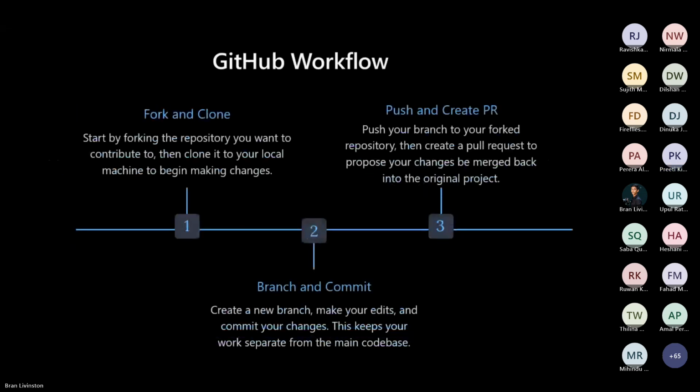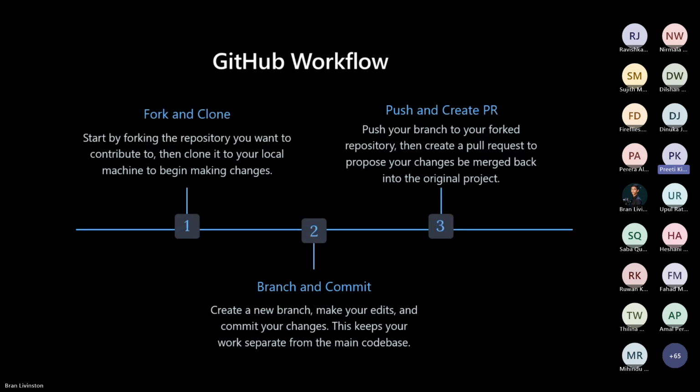Firstly, we will fork the repository into our own account, the one which we want to contribute to. If I find some project very interesting, I will fork that repository into my account. I will take a close look at it, and if I want to work on it, I will clone it to my local machine. So the first step is done.